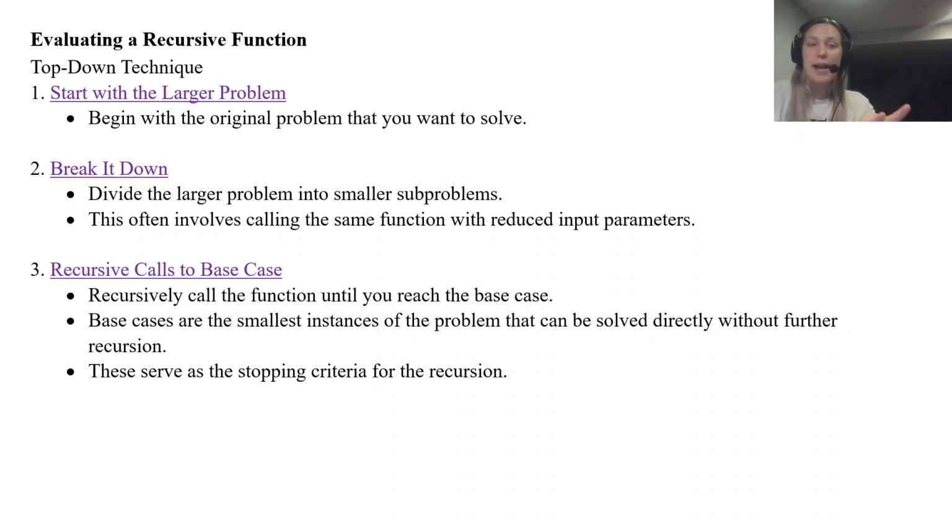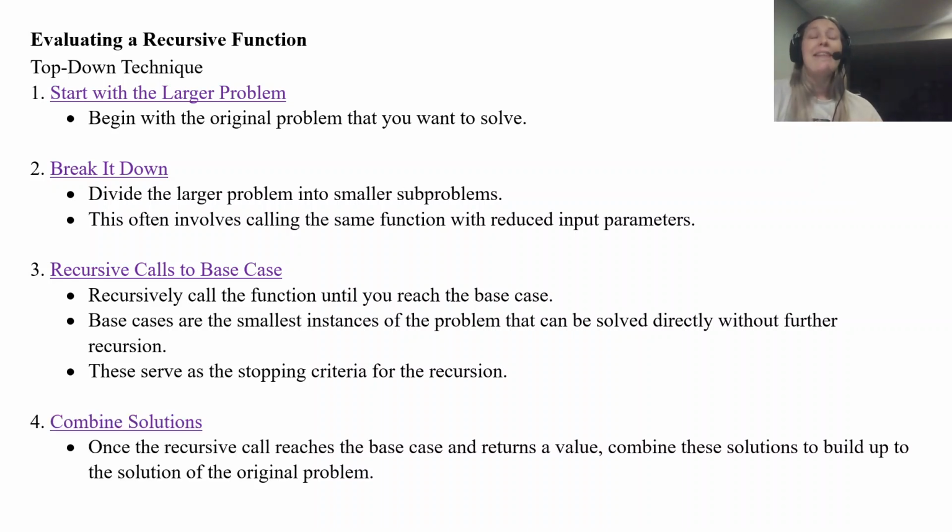It is where we end. And then once we reach the base case, we have to substitute back up the chain to evaluate our larger problem. We are going to combine all of the solutions we got until we get back up to that larger problem and we have a solution that we solved for.